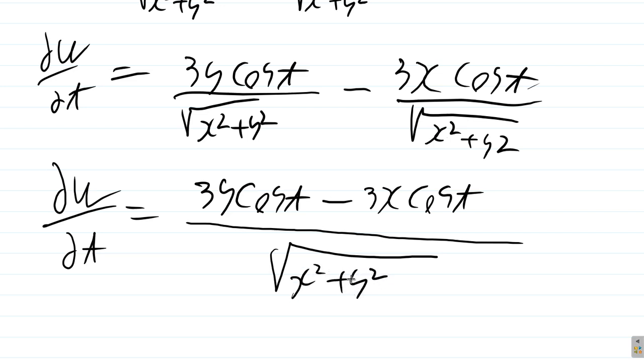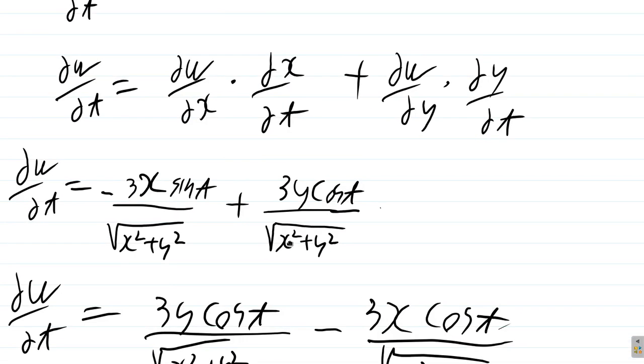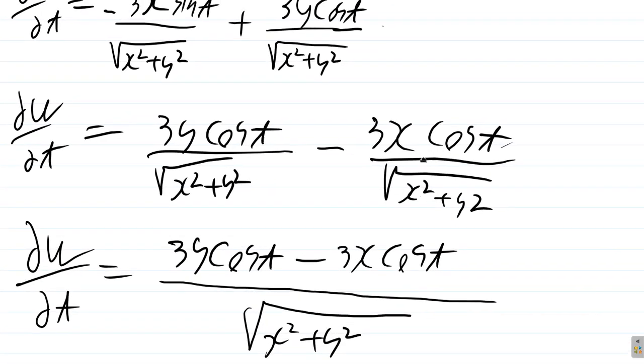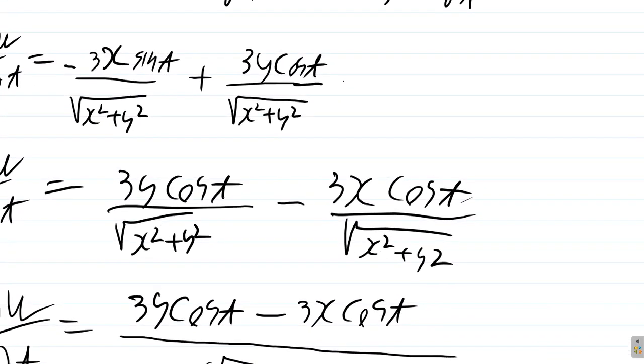Alright. You could even factorize this, you know. Wait, hold on. Where did I get cos t from? This one is sine. I rewrote this, my mistake. It should be sine, not cos. Right, this should be sine too. Alright.